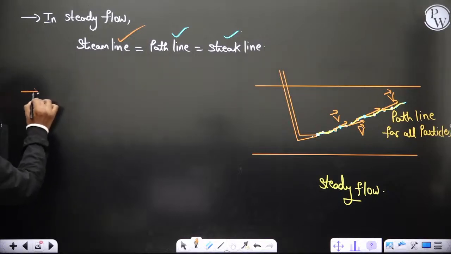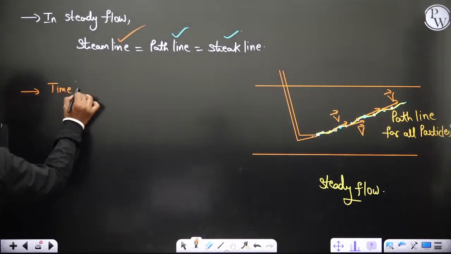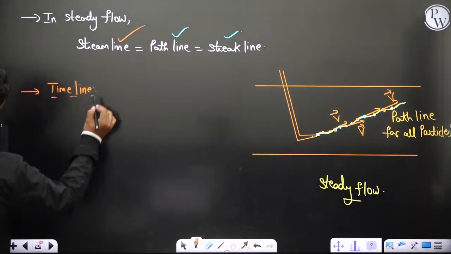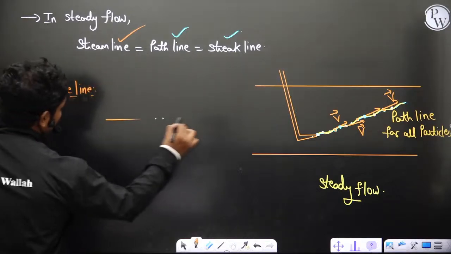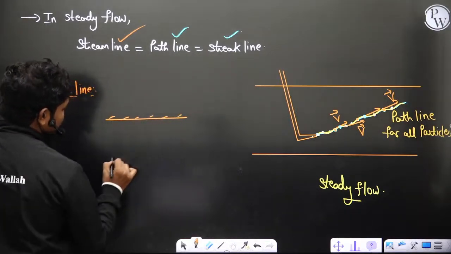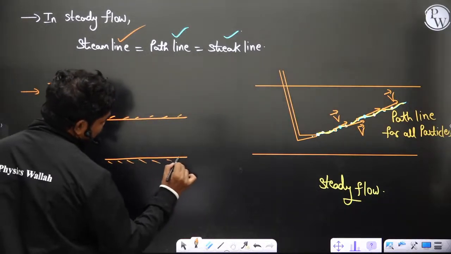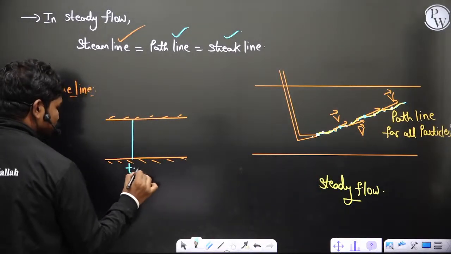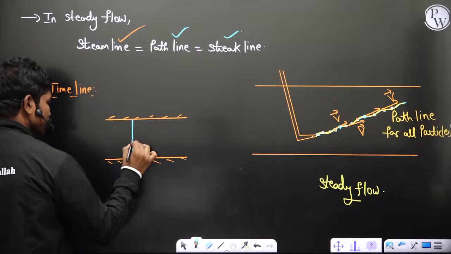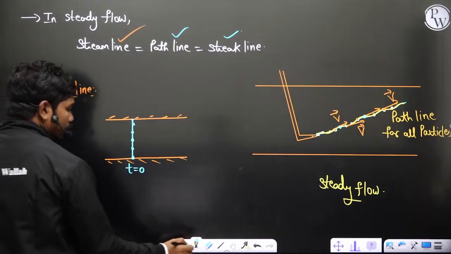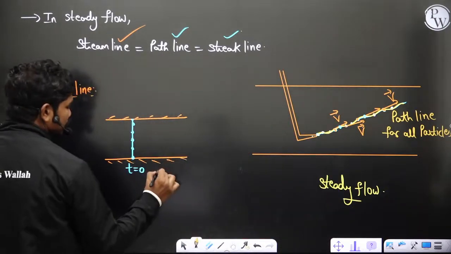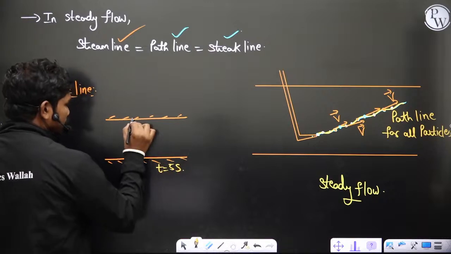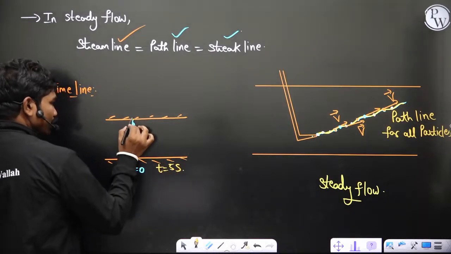There is one small concept which is called timeline, which generally is not very important, but sometimes people ask you. This is also instantaneous again. Let us suppose you fix some particles at t equal to 0. Now at time t equal to 5 seconds, this particle will stay there because of no slip condition.